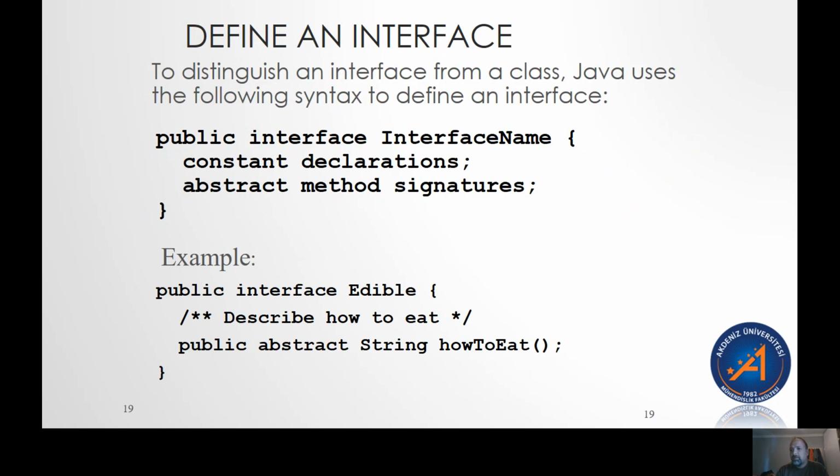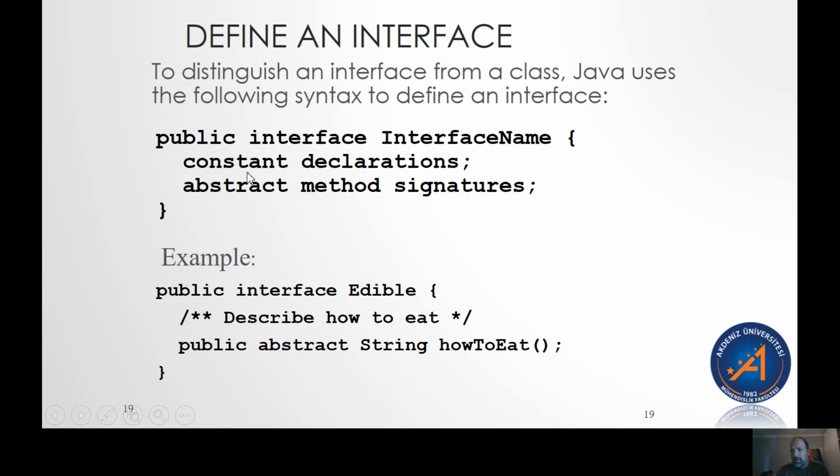So for example, instead of public class something, we call it an interface. Public interface, whatever its name is. Same rules apply as a class name, so capital letter first.